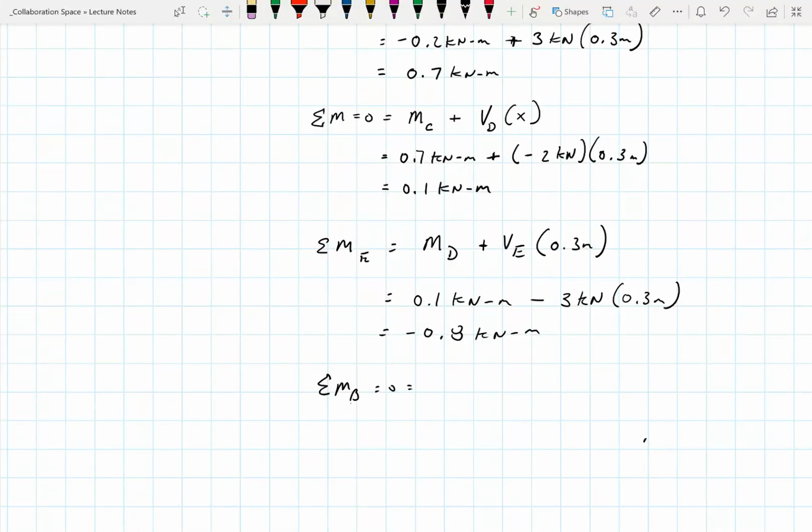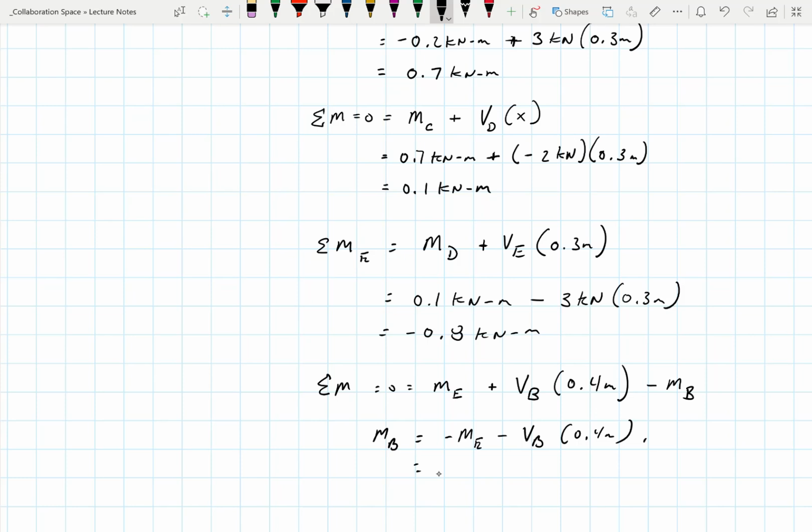The sum of the moments at this is equal to ME plus the V at B times 0.4 meters minus the M at B. So M at B is equal to minus ME plus, no, minus VB times 0.4 meters.